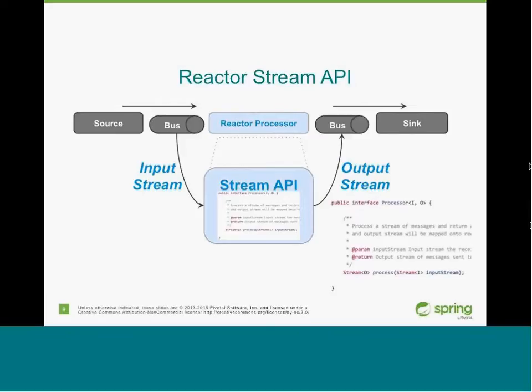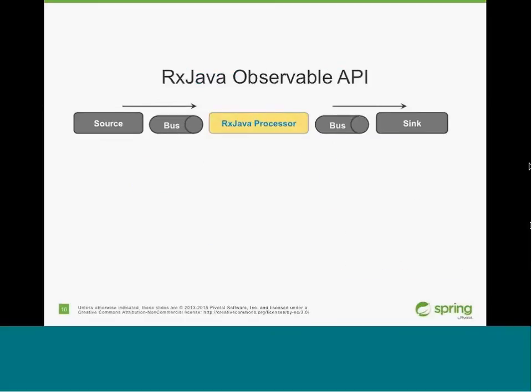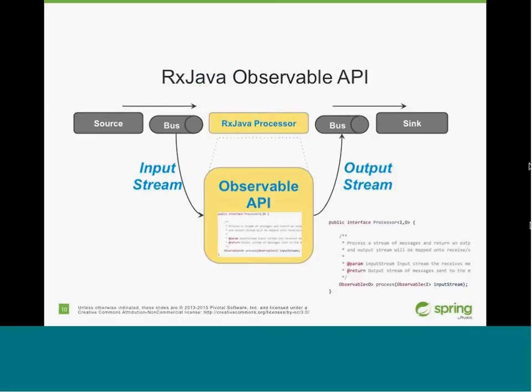If you page down one more to the RxJava observable API, it's very similar in terms of how we interface with the functional APIs available in RxJava. This time it's through the observable interface, which is the key interface in RxJava. And there you have access to all the unique native capabilities of RxJava.